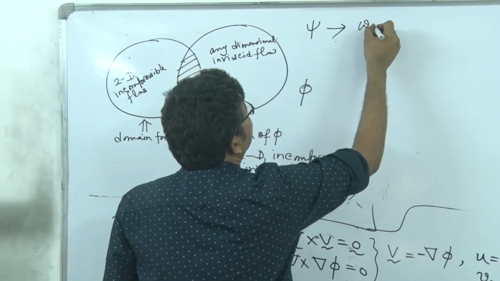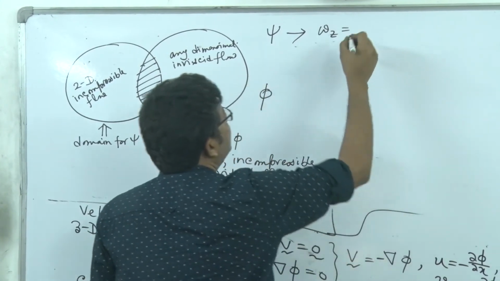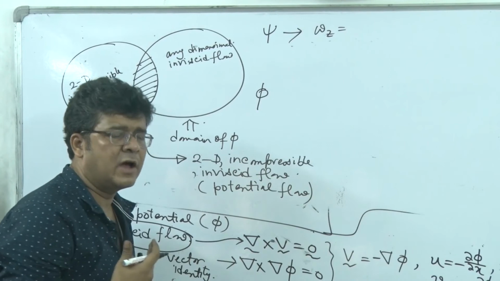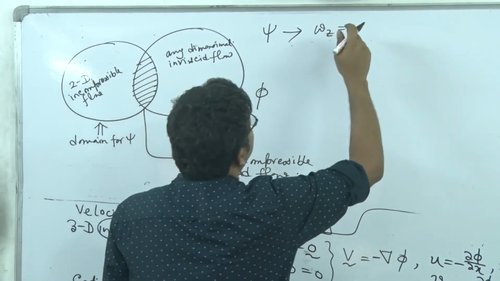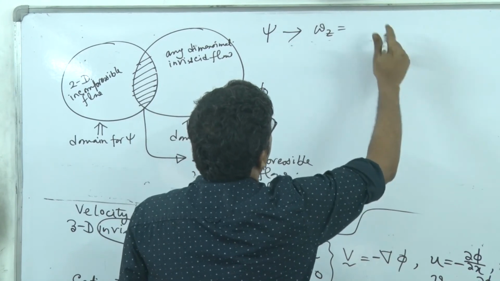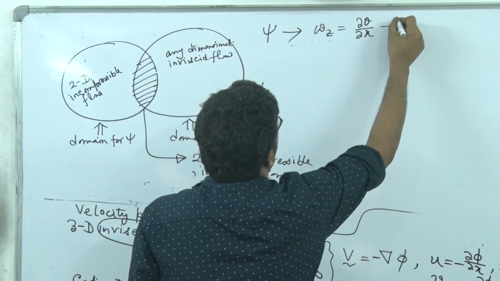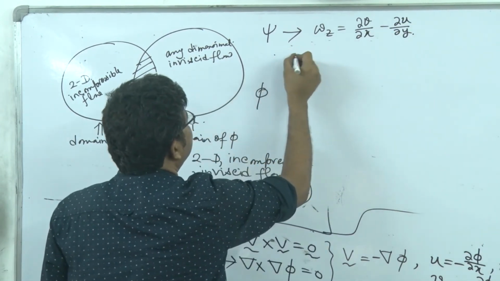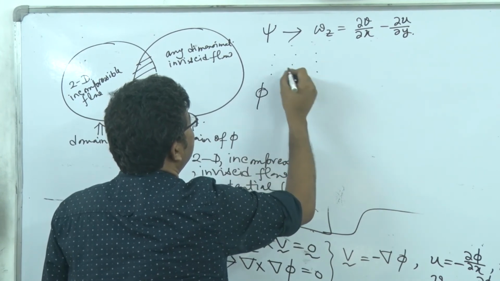Now here, whenever it is inviscid, this omega z will be equal to 0, and omega z is the z component of the angular velocity. So it will be del v del x minus del u del y, because you see this is i, j, k, del x, del y, del z, u, v, w.